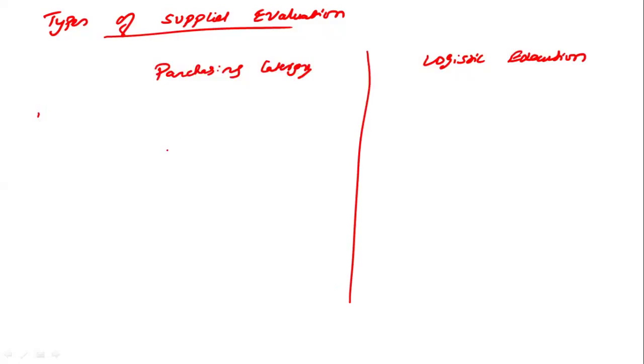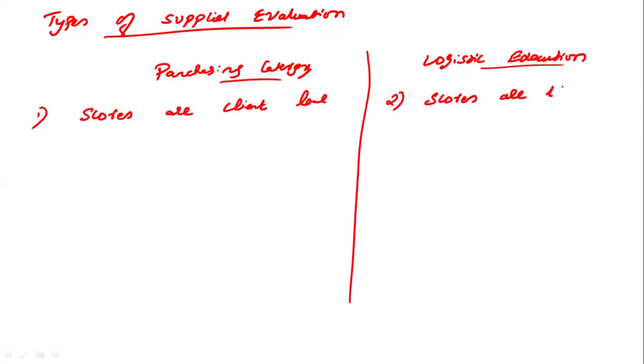The first difference between purchasing category and logistic execution is that in the purchasing category, the scores defined for the suppliers are at client level. But coming to logistic execution, the scores are at purchase org level.